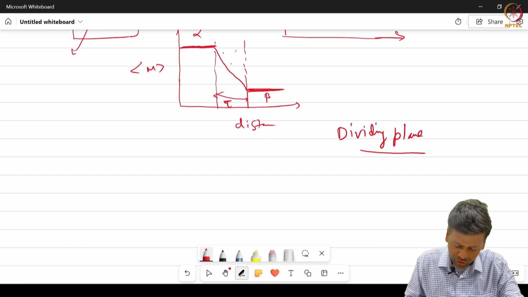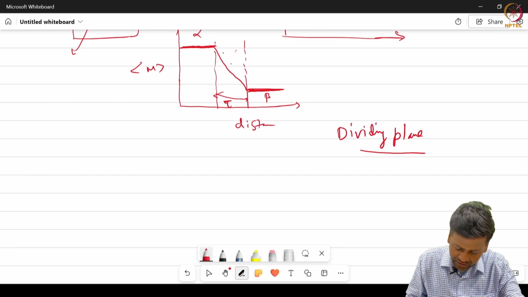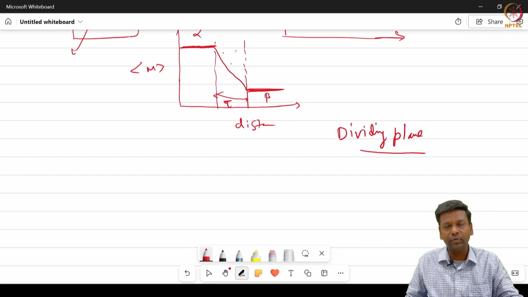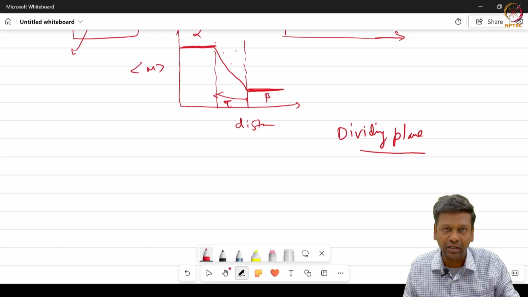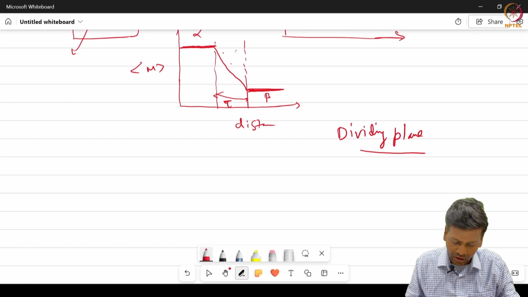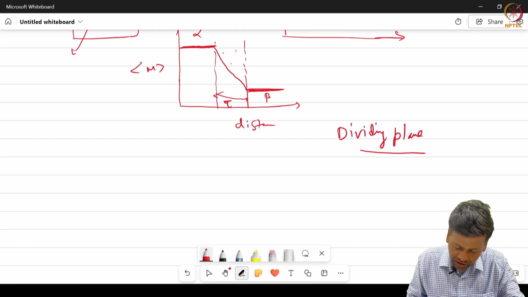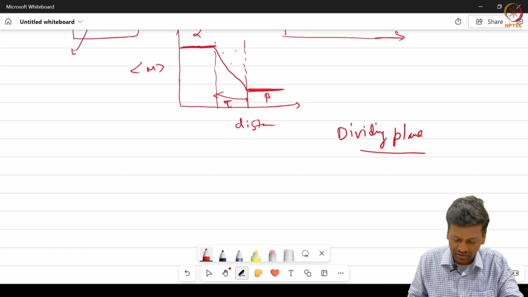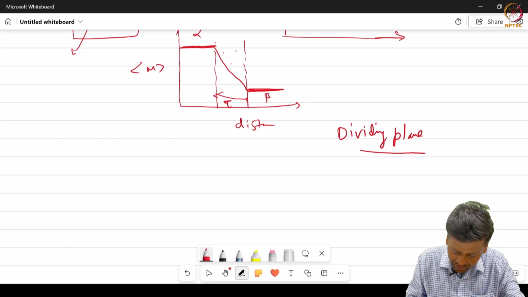If you choose a plane, this is nothing but a reference plane. In this reference plane, my surface excess is 0. So if you choose a reference plane such that your surface excess is 0, then you can relate this reference plane as the interface, right.